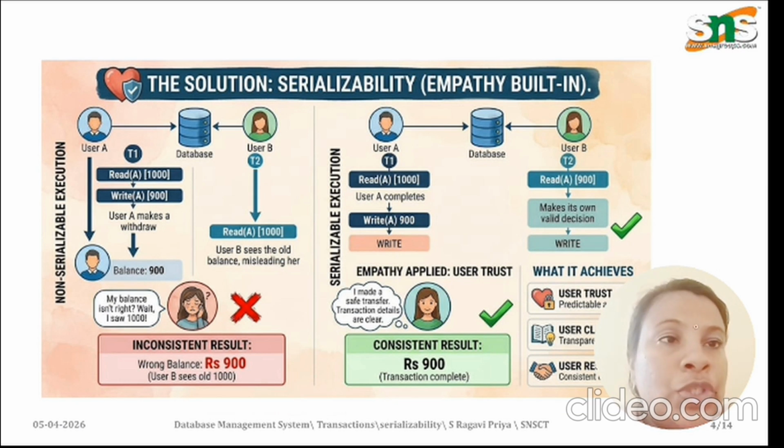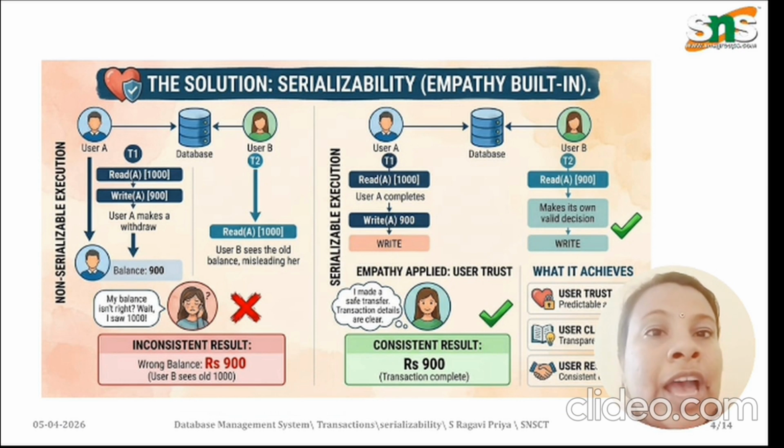So the solution is serializability, empathy, burden. We have two transactions. User A makes a withdrawal, so the balance is 900. Next in T2, user B sees the old balance, which is misleading. "My balance isn't right.